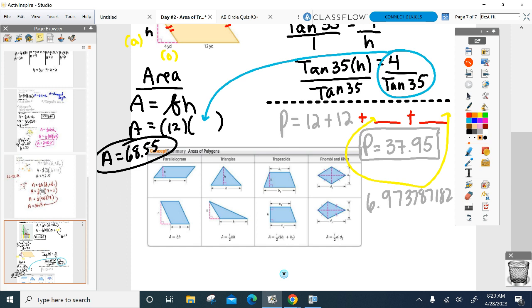Pythag. It's going to be your height squared, which was this, but I want to use all of that value, not 5.7. It's going to throw off your answer if you round that, right? 100%. So I want to use that full calculator display squared, plus 4 squared, equals c squared.